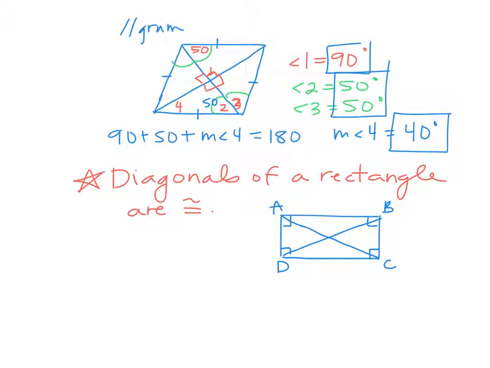Okay, right now I know that AC is congruent to BD, because the diagonals of a rectangle will always be the same. So we know they're congruent.